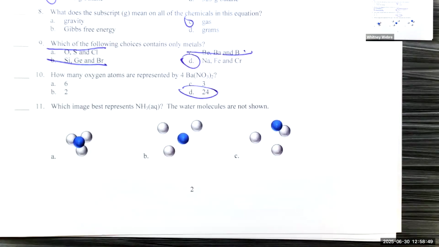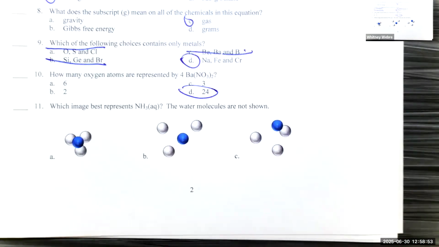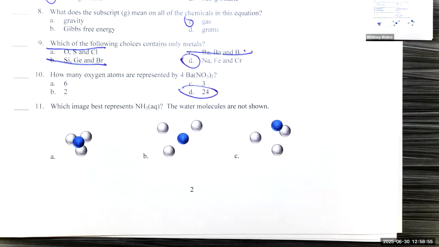In this case, you have to use the coefficient out front because I have 4 individual molecules or formula units of barium nitrate, and they all matter. Question? Oh, go ahead. Sorry. I know one of the previous ones said not to worry about the coefficient, but that's just for the... That's only molar mass. Yeah. Okay.